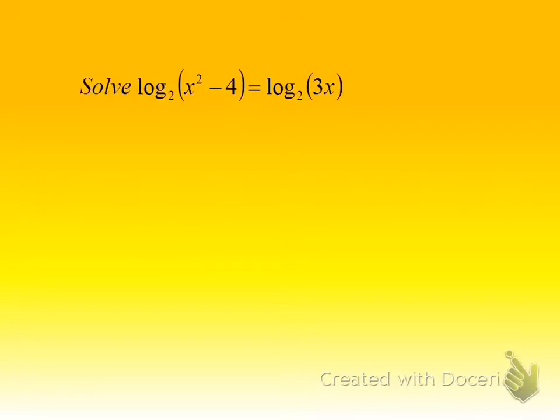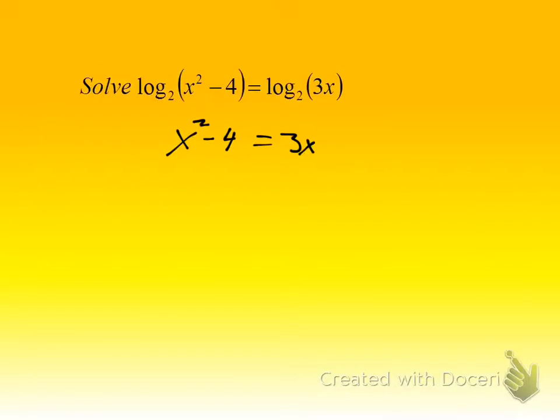Log base 2 of x squared minus 4 equals log base 2 of 3x, which gives you x squared minus 4 equals 3x. What type of equation is this? Quadratic. To solve a quadratic equation, you have about 5 different options, but the one we love the most is factoring.